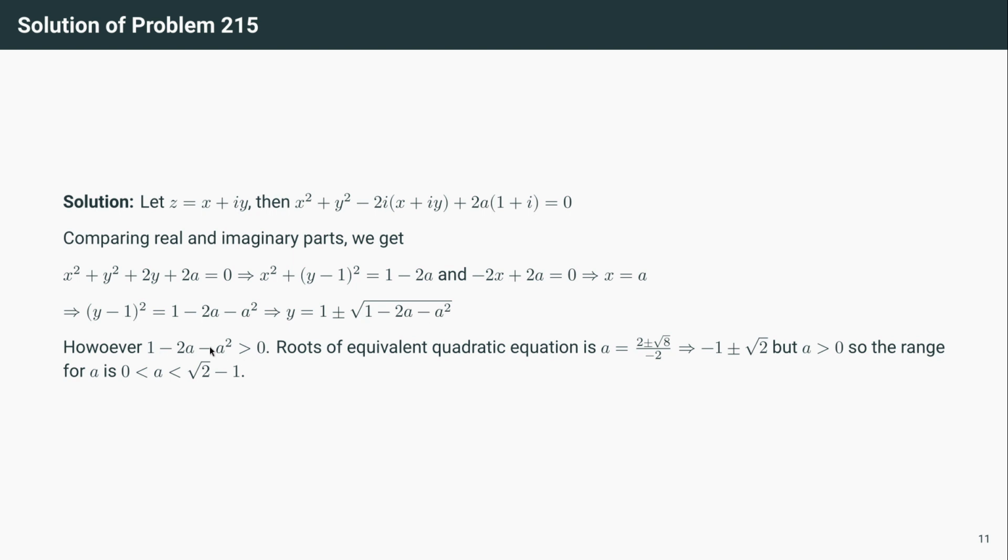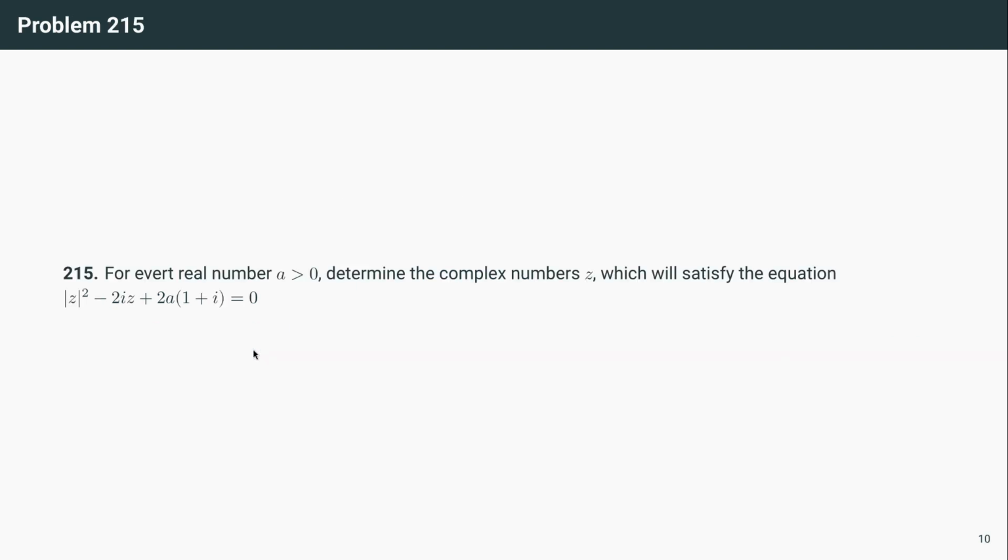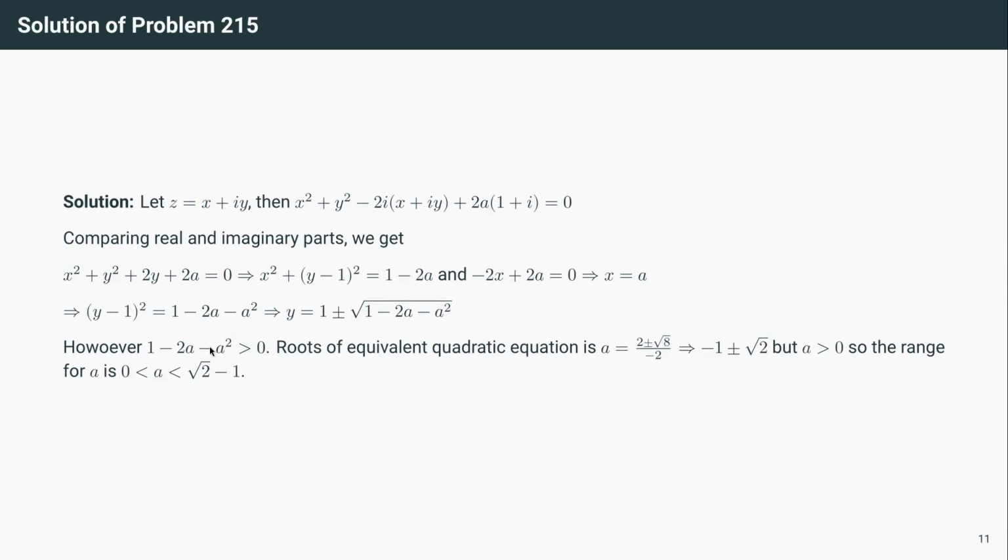Now 1 minus 2a minus a square has to be greater than or equal to 0, because a is a real number. From this condition we find that minus 1 plus minus root 2 are the roots of the equivalent quadratic equation for a, and our coefficient of a square is negative.